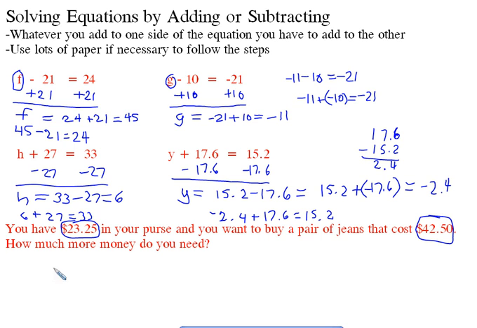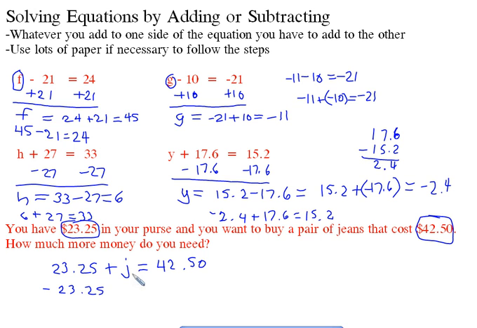So let's just go ahead and say, well, you got 23.25 plus some value, let's just say J for the price of the jeans, is equal to 42.50. You're trying to get to here, you have that. So all we do to get rid of this is to isolate that variable again, and if it's in front, that's fine too.